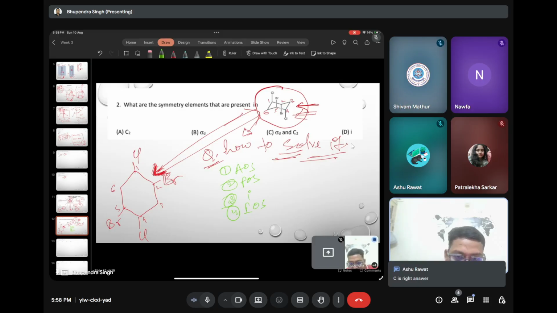C is the right answer. Okay, that is fine, but first tell me the axis. What axes are present?